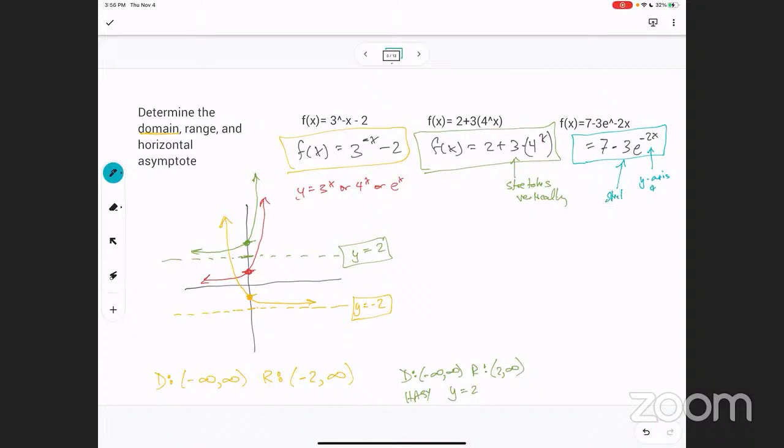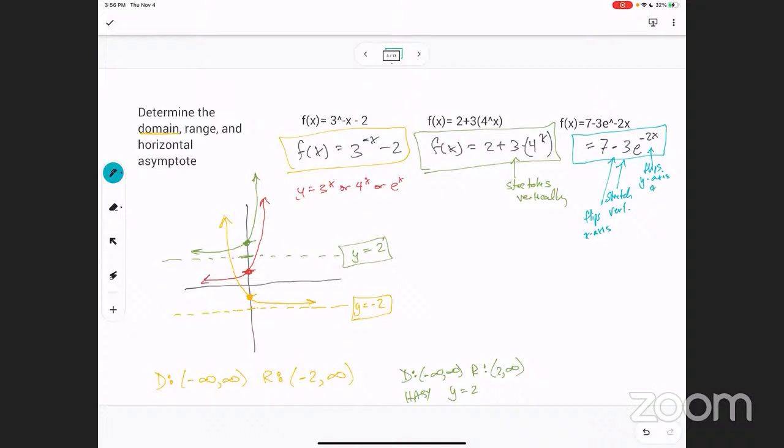Stretch vertically. This negative here does what? It brings it down. Flips over what? The x-axis. So that negative flips over the y-axis and it stretches it. See, is it going to stretch it?